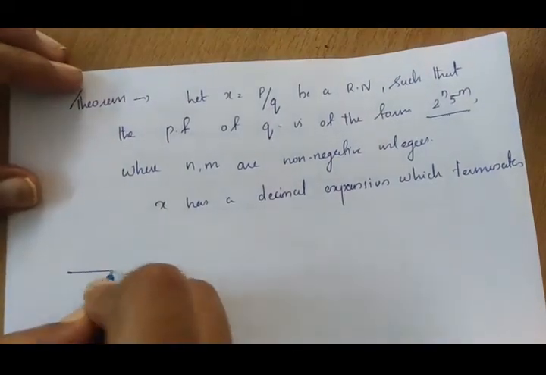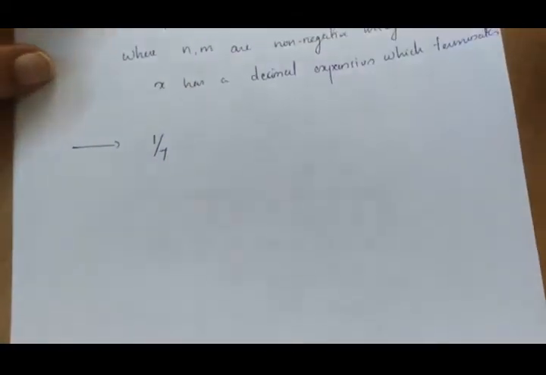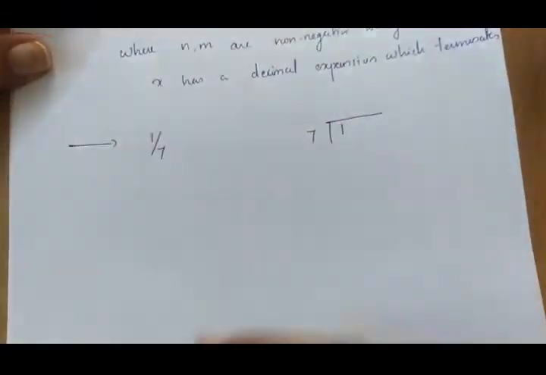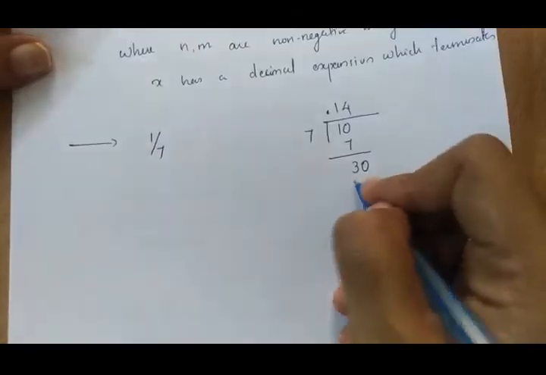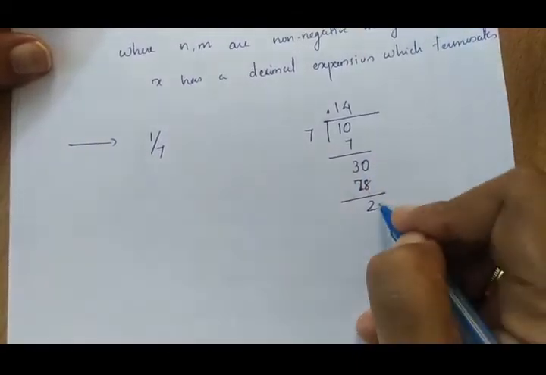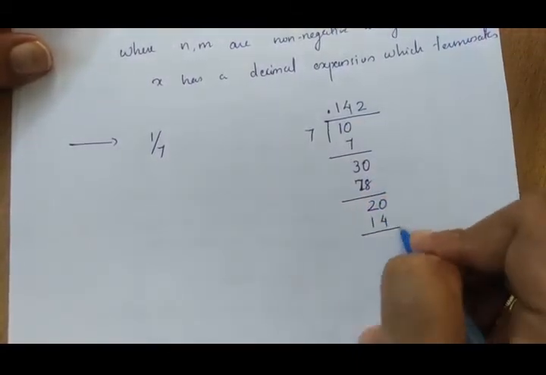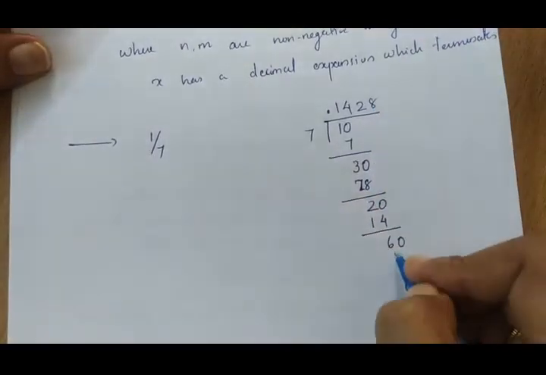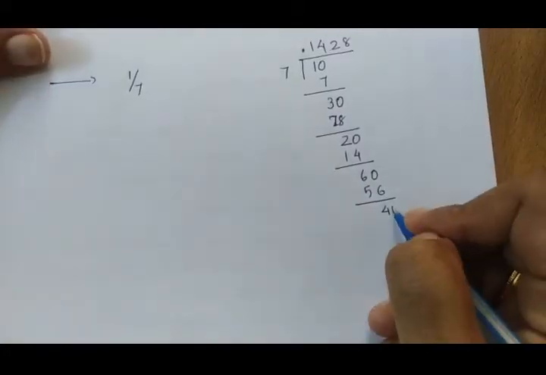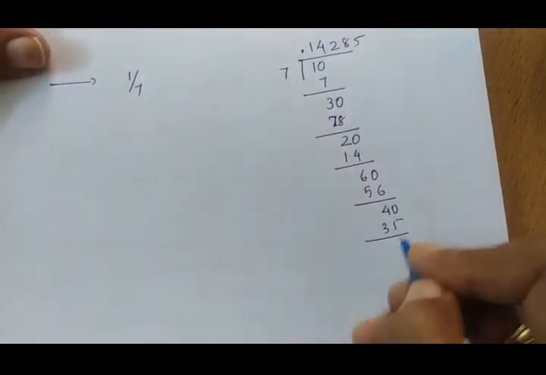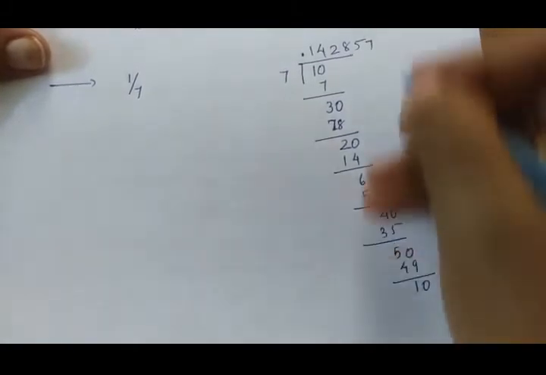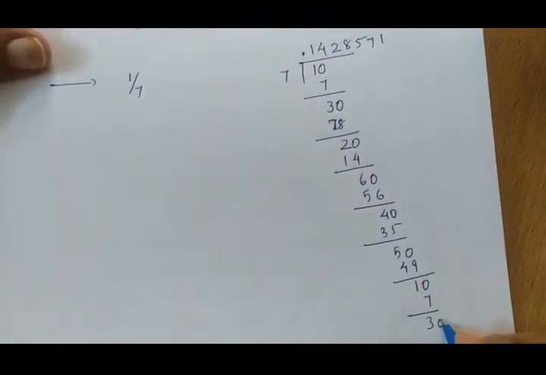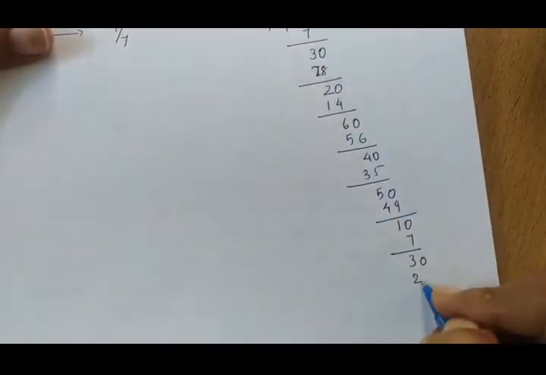Let's consider another example, 1 by 7. We divide 1 by 7 using long division.